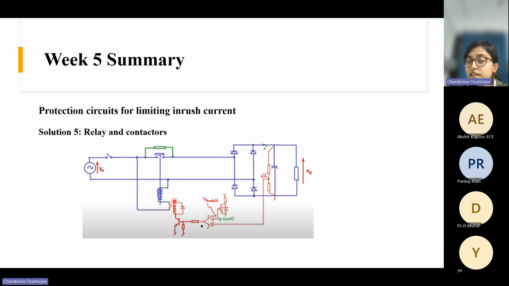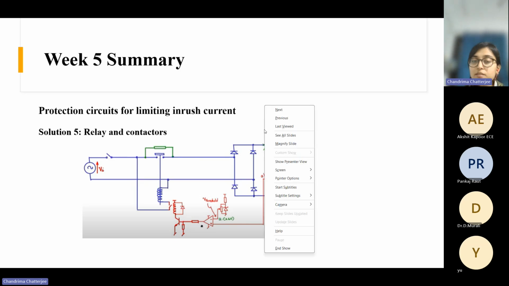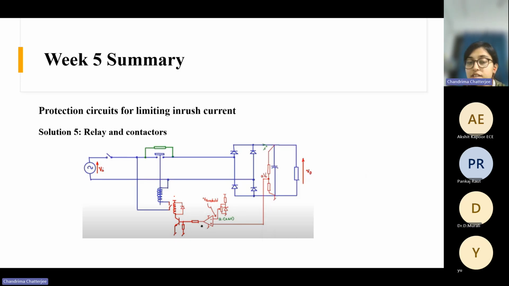And there is some DC source here as well. Suppose this is a DC source VCC, some DC value. So when this BJT is on, the current can flow through this coil from this point to this point.